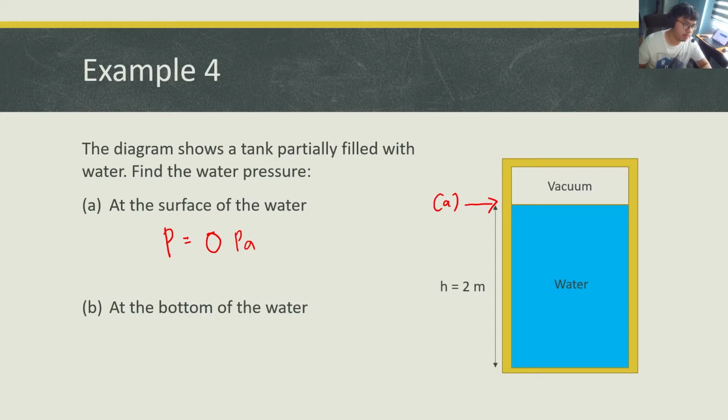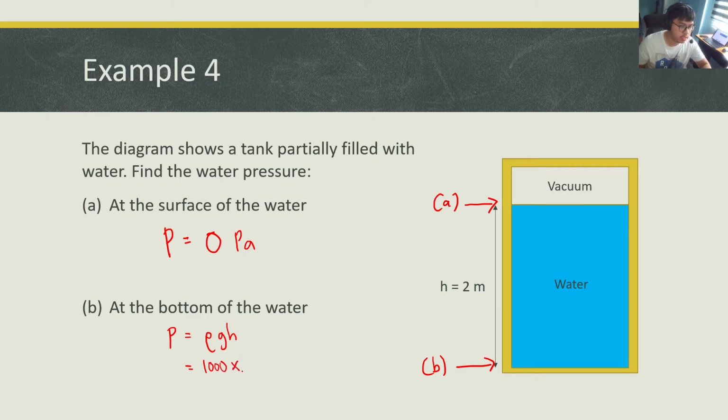B, what is the pressure at the bottom of the water? So at this point here, what is the pressure? So pressure is equal to rho GH. Rho is the density. What is the density of water? This one you have to remember. The density of water is 1000 kilogram per meter cube.